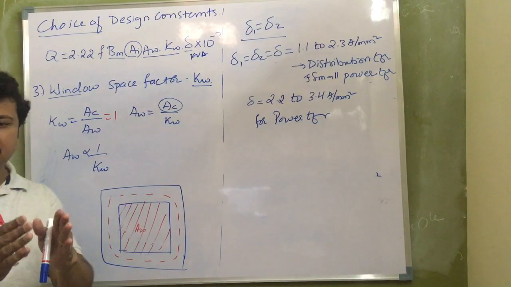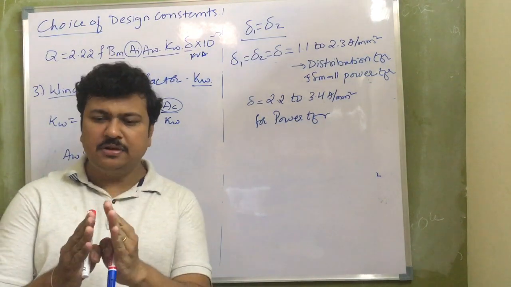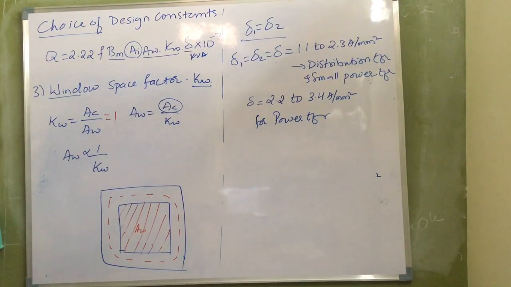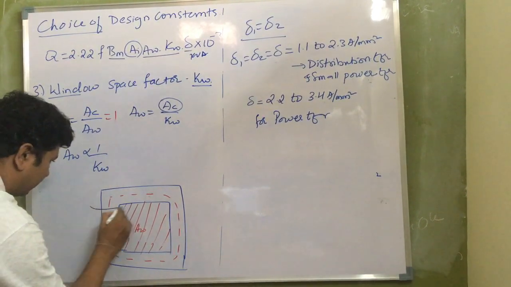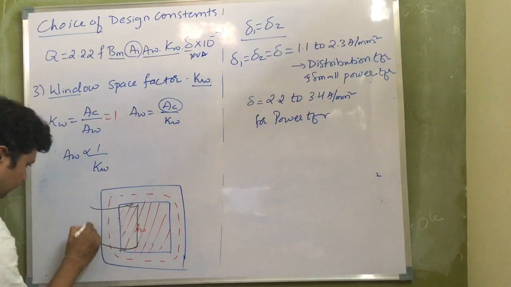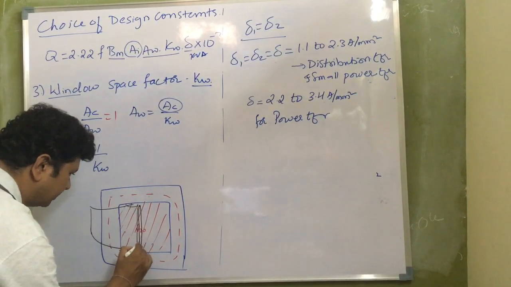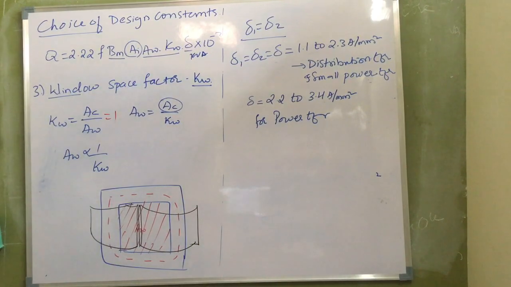There is no gap between the two windings. Two cylindrical windings. If I now place the windings here, these two cylindrical windings will be so close to each other, there is no gap between them.